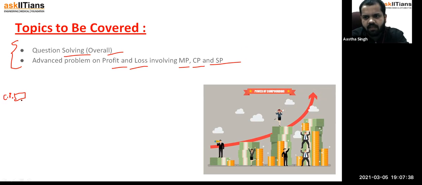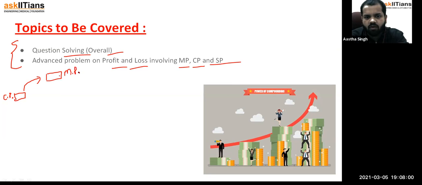Cost price is basically the price at which your product is manufactured. The shopkeeper then labels the price higher. That is your market price.